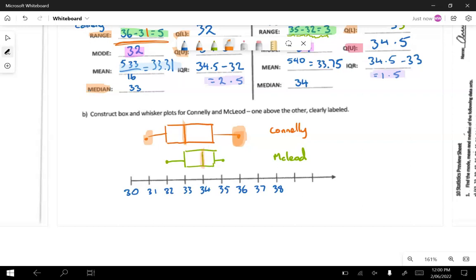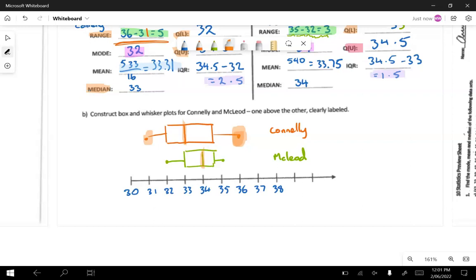But it's worth talking about in your answer that McLeod is more consistent, okay? So if you argued that you'd gamble on McLeod because he's more consistent and you're being fairly conservative, that would be a justifiable argument. So there's not actually a right answer to this question.